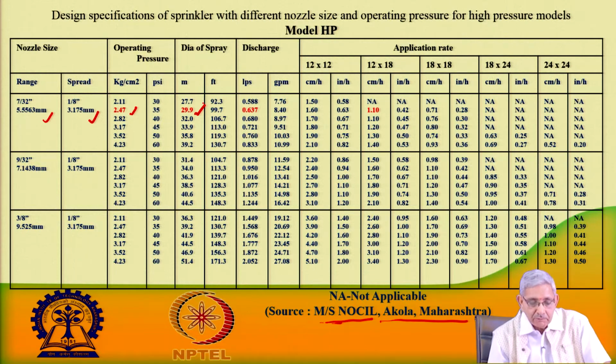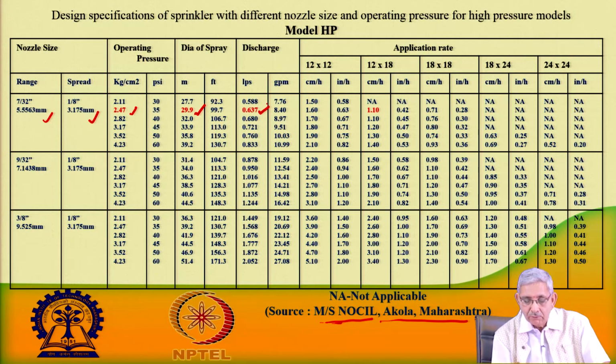So, the diameter of spray is 29.9 meter. And then at this pressure and for this nozzle, it is delivering a discharge of 0.637 liter per second.